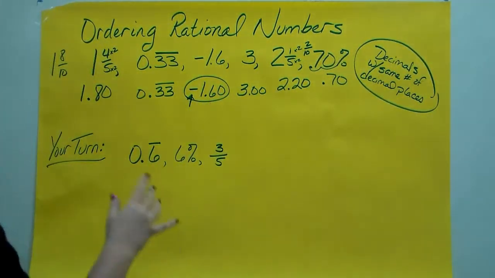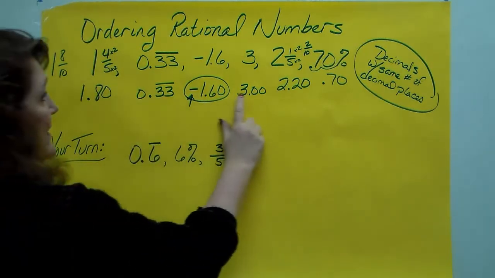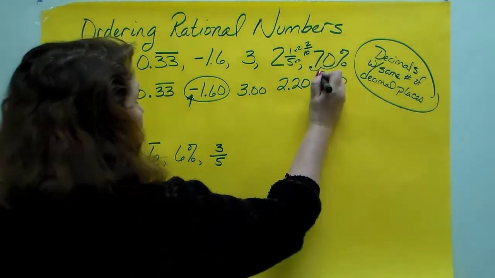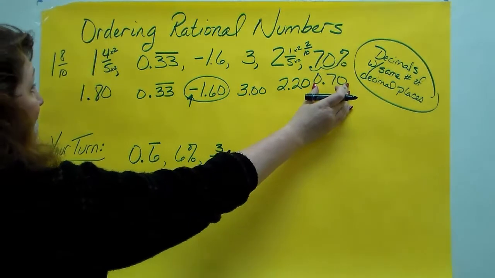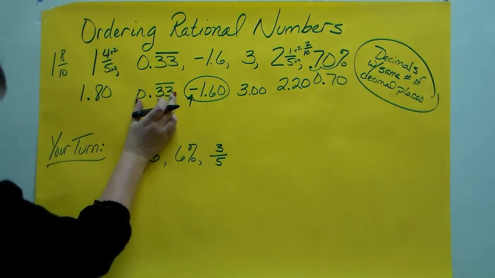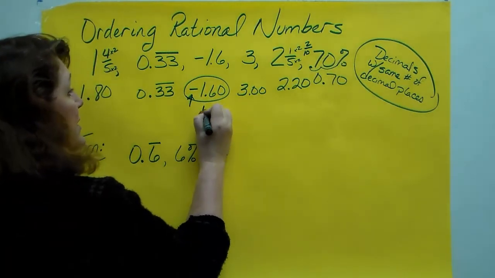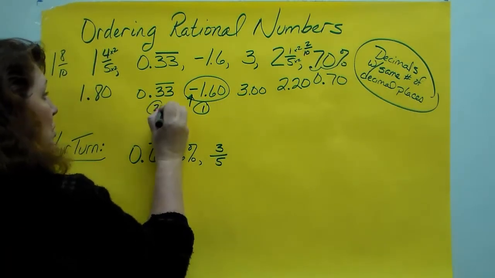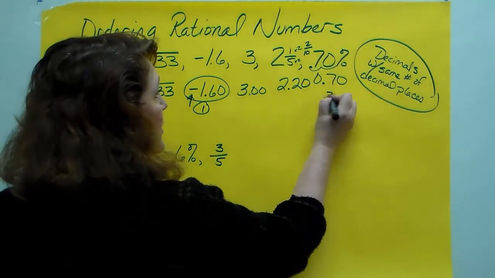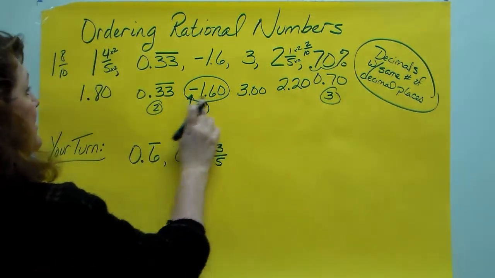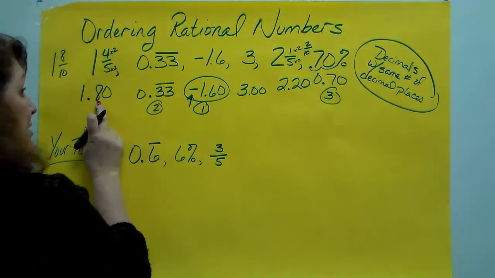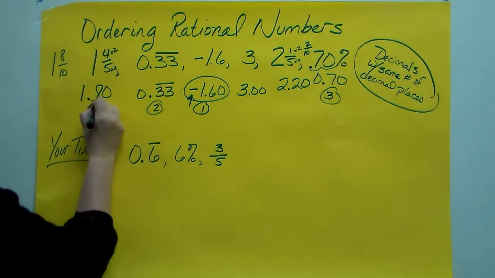What's my second number? Well, I'm going to compare everything that starts with a 0. So this is 70 versus 33 repeat. So this is going to be the smallest, and then there's this one. This is smaller than this one. Now, anything that starts with a 1, that's going to be the next one.